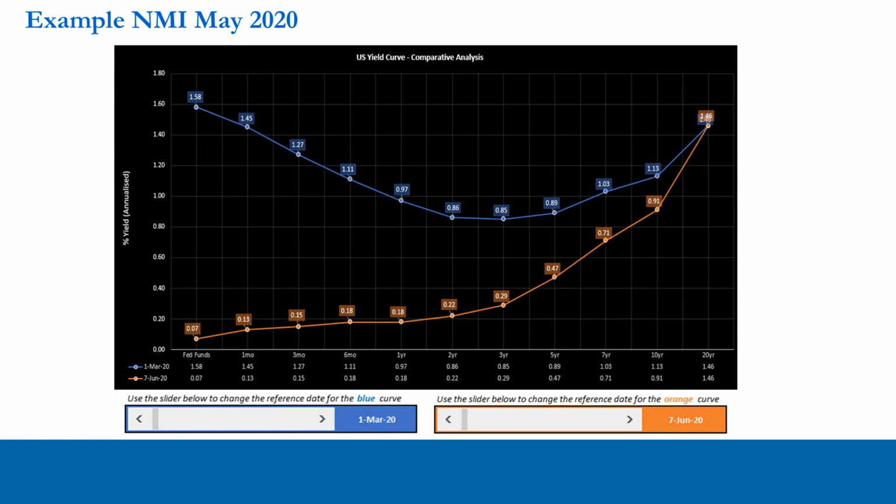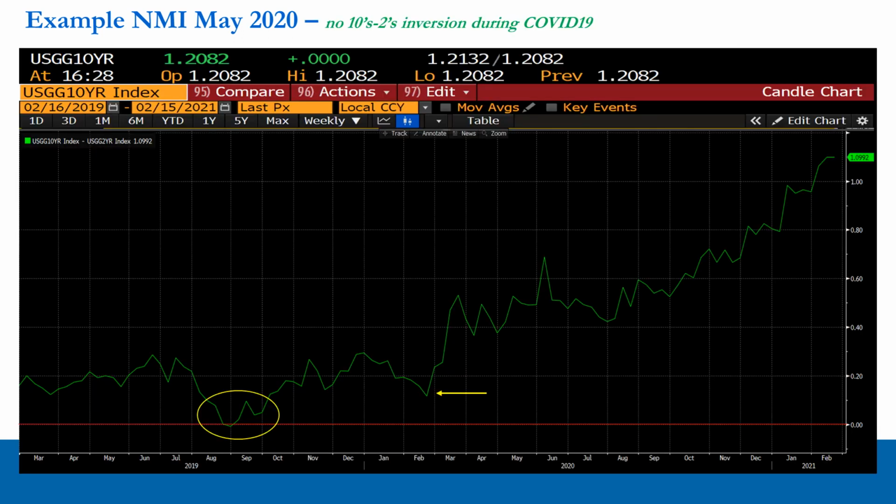And what's actually interesting is that the 10s minus 2s, which indicates a very high percentage probability of recession, never actually inverted during that period. So if we think back to the period that we looked at in previous videos, August 2019, there was slight, very short-term inversion, but it never really inverted for a meaningful period of time.